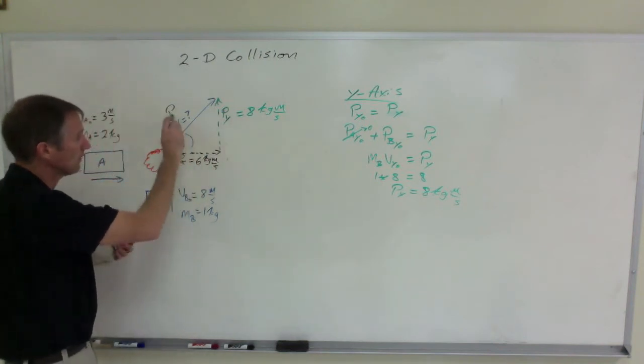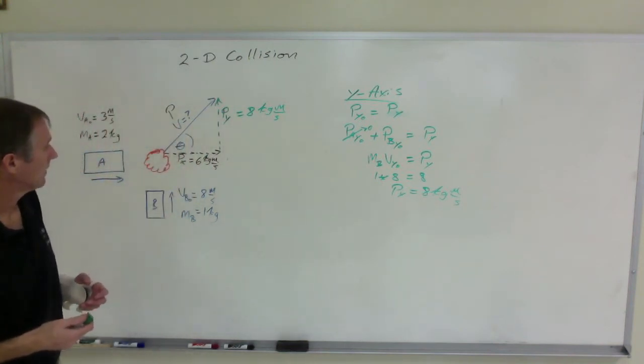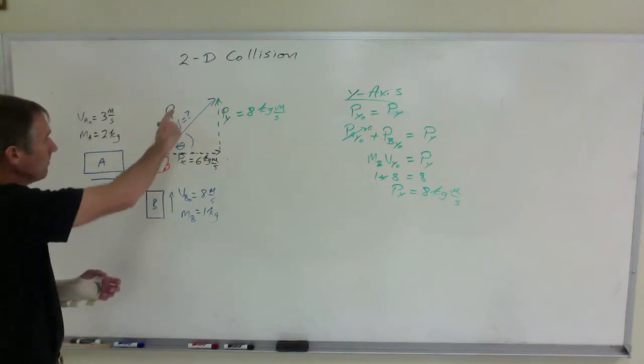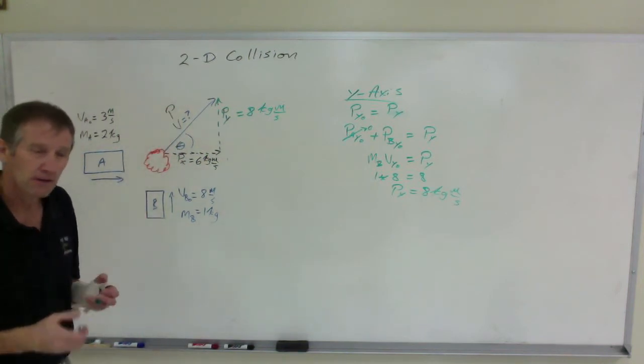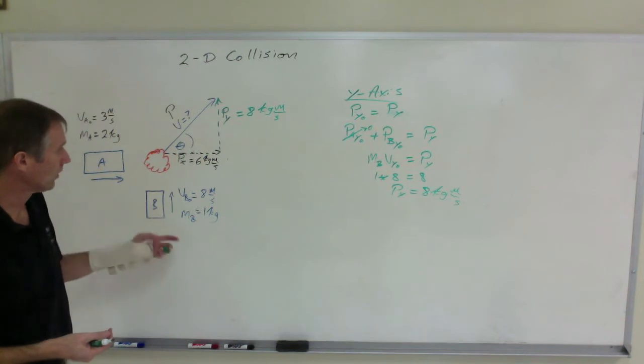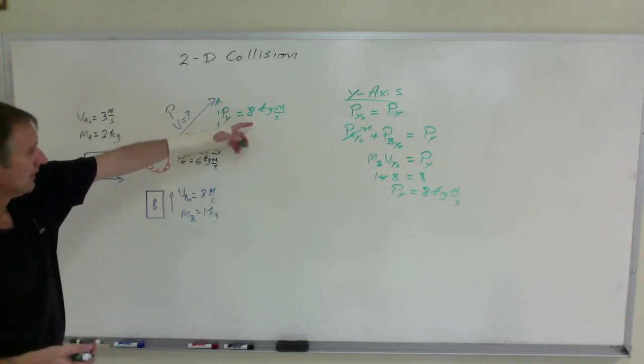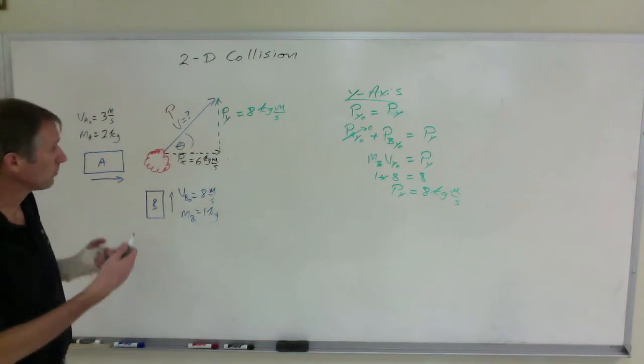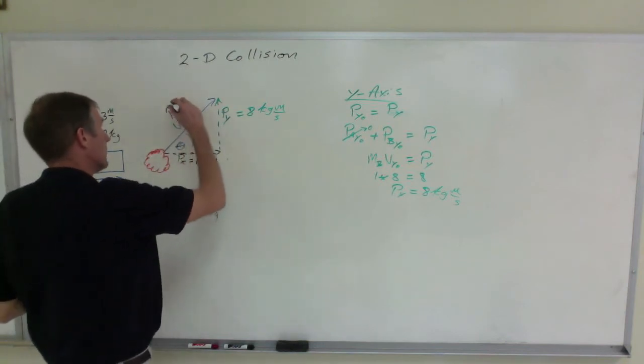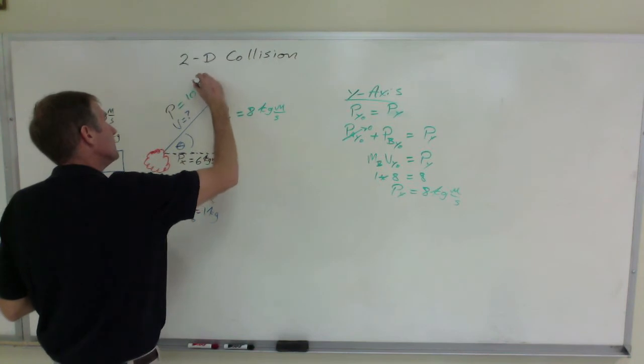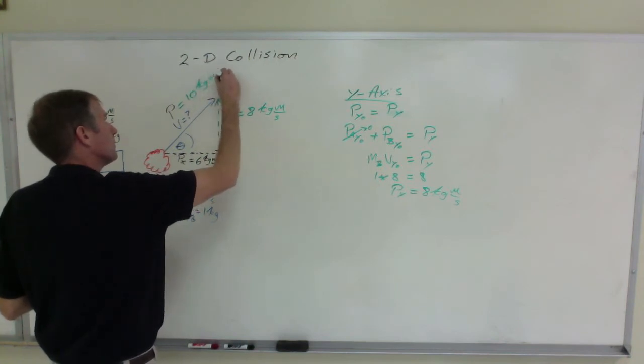The Pythagorean theorem will give you the actual momentum of the combined unit. The square root of 6 squared plus 8 squared. 6 squared plus 8 squared is 100, and the square root of that is 10 kilogram meters per second.